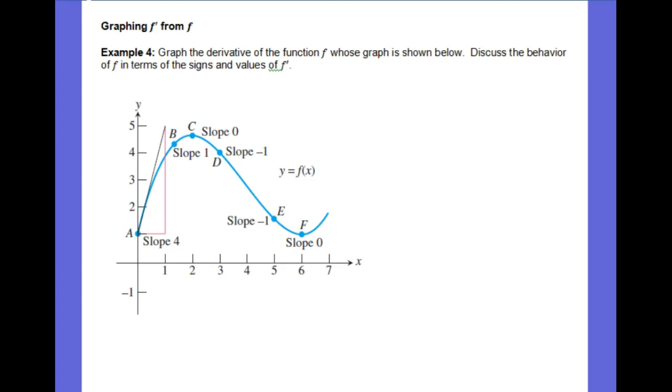F is increasing from A to C. Therefore, from A to C, these should have positive slopes. So let's talk about that. Where is F increasing? Let's just talk about increasing.